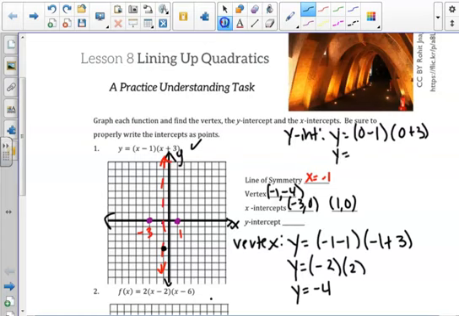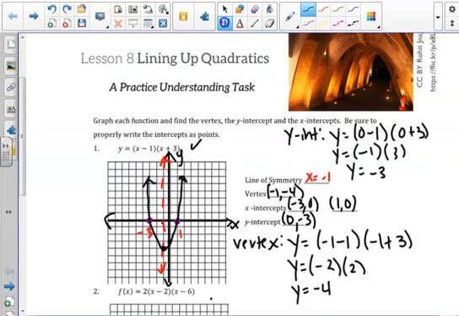So -1 times 3, that means my y-intercept should cross at -3. So (0, -3) should be my y-intercept: -1, -2, -3. And then I can connect my points to make my parabola.